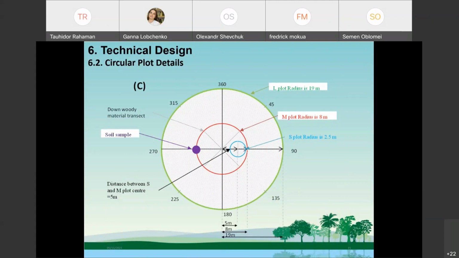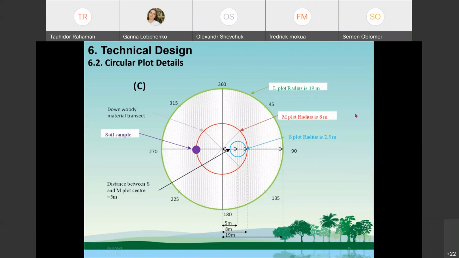And for the small one, from the subplot center, we go in the 90-degree direction, 5 meter. And from that 5 meter, we create a plot within 2.5 meter radius to count and take measurements for seedling and sapling.